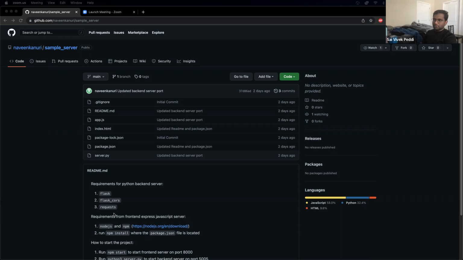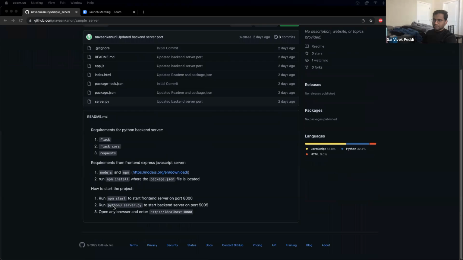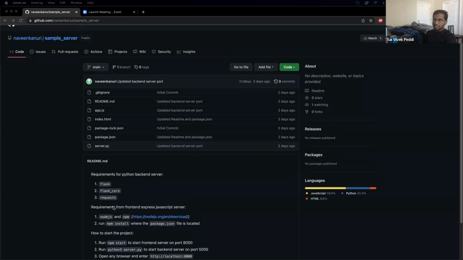Primarily we have used two frameworks in this. We have used Node.js for the front end part, and we've used Flask and Flask-CORS for the backend. So your app.js is basically your front end application.